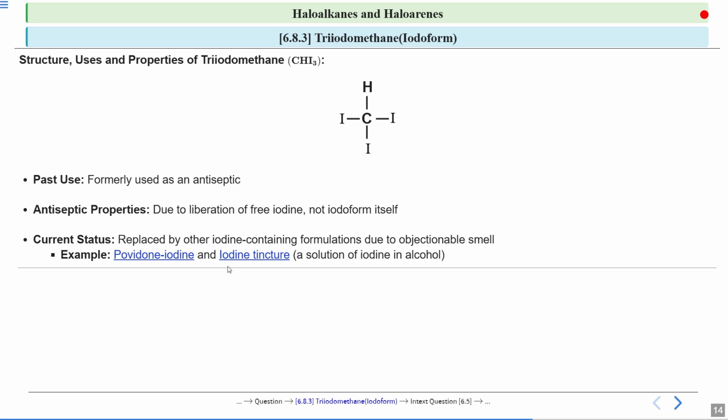You have probably heard about iodine tincture, right?